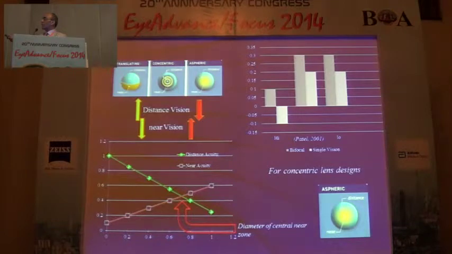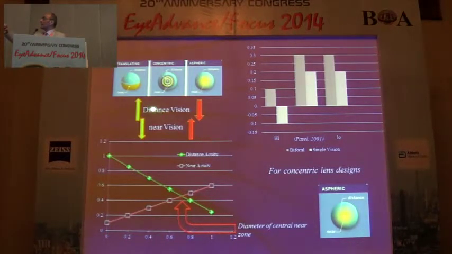But what's also important to know is that most of these designs that have been put together by industry, in general, as the distance acuity is very good, the near acuity will tend to be poor, and as the optics or the design of either the IOL or the corneal surface is changed, distance acuity tends to reduce as near acuity tends to increase, and the crossover point is a very important point here, because this determines the minutiae of the optical designs of these different types of systems for correcting vision and therefore vision performance.